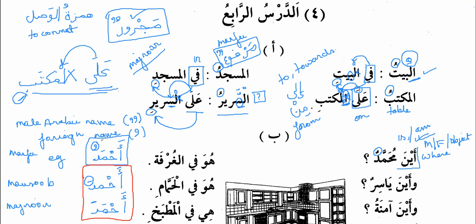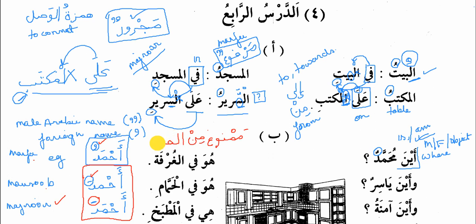They can only carry a single dhamma or a single fatha: dhamma in marfu case, fatha in mansub case, and fatha in majroor case also. So these types of names are called mamnu minas sarf. See how I'm pronouncing minas sarf.